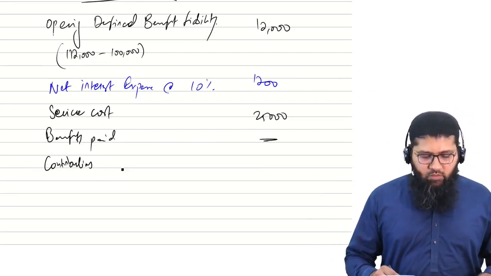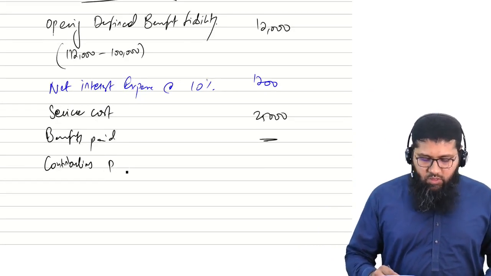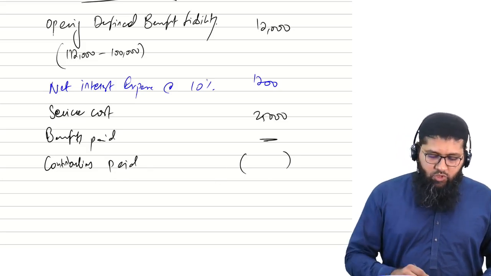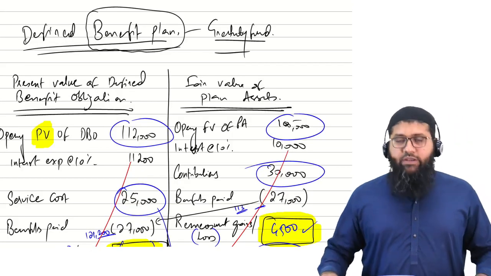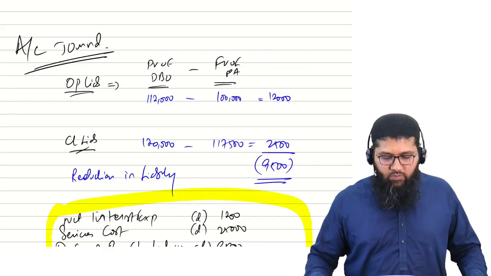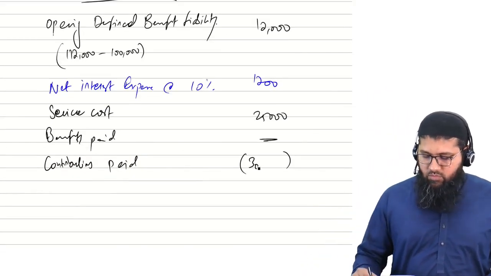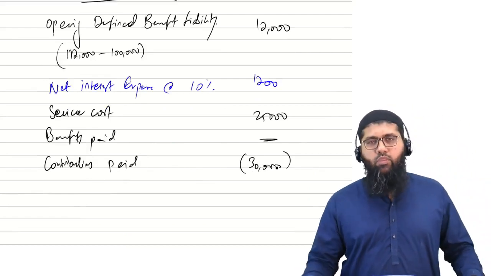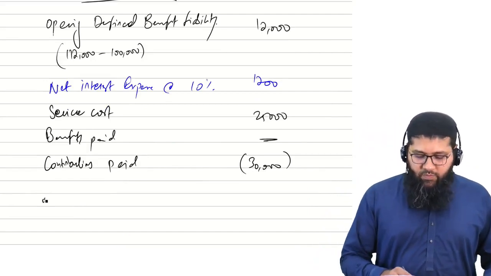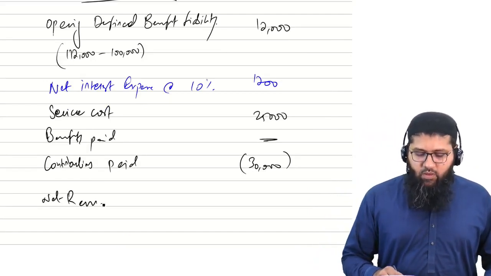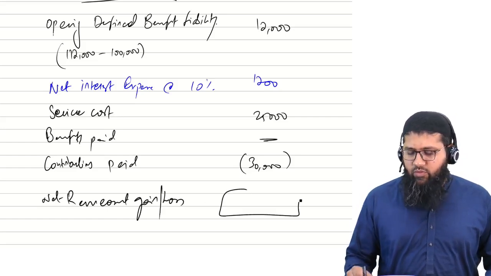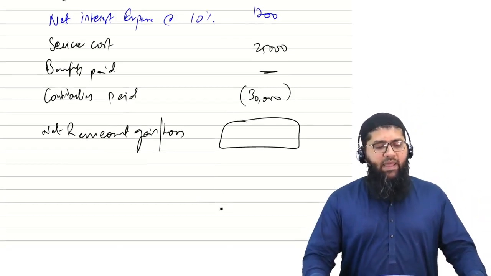Contributions paid. We know the contributions that are being paid, it's 30,000. So that reduces the liability. Then you have got the net remeasurement gain/loss, which is going to be the balancing figure.